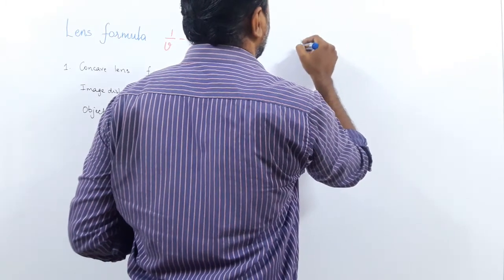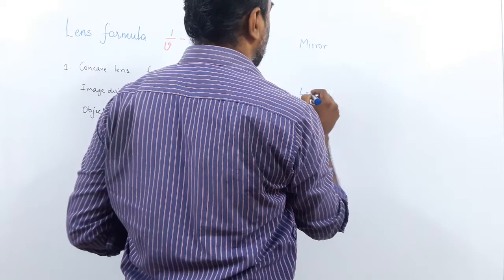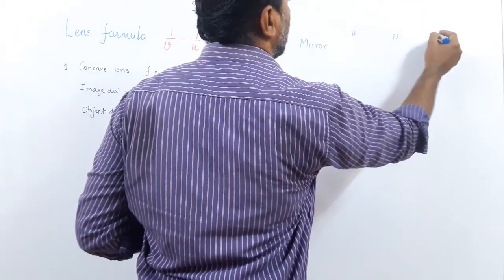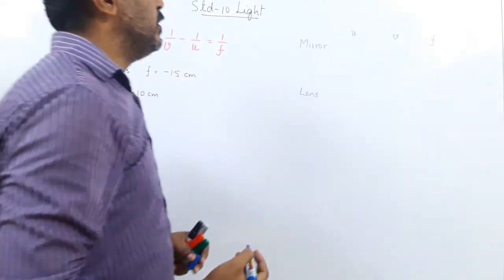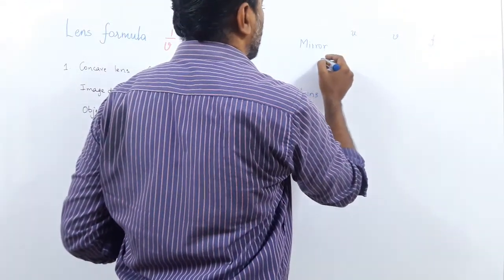Suppose we are comparing the mirror and the lens. We will write u, v and f. Which mirrors are we talking about here?